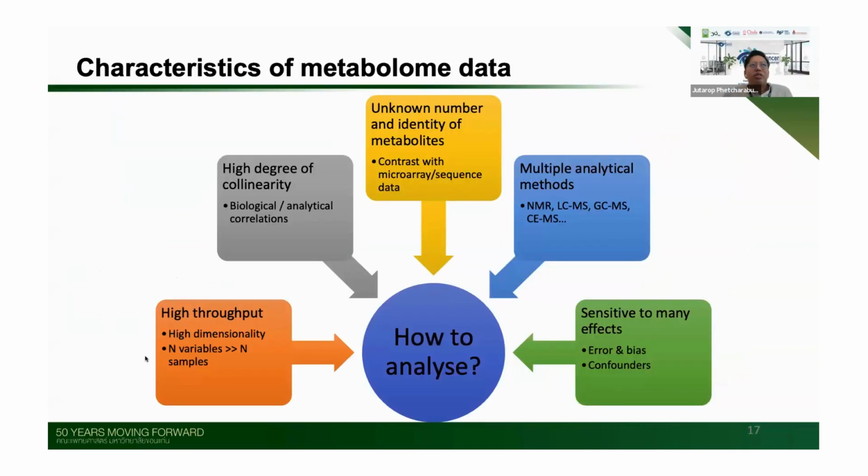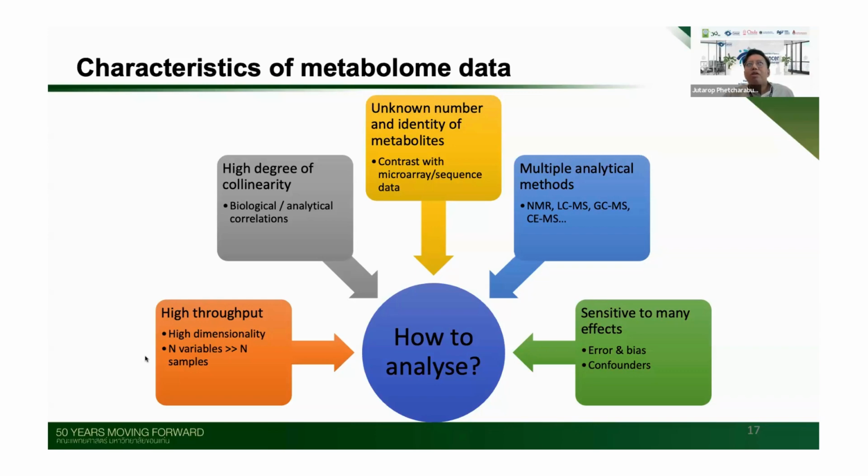And this slide shows the characteristics of the metabolome data. Metabolome and other omic data is usually high throughput. That means it usually has high dimensionality, for example, many variables per sample, right? A degree of collinearity.